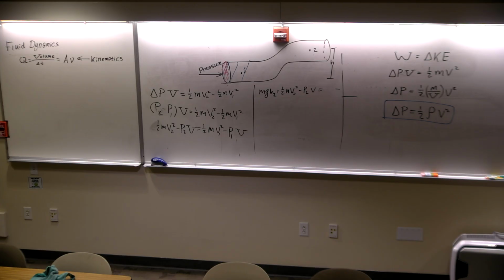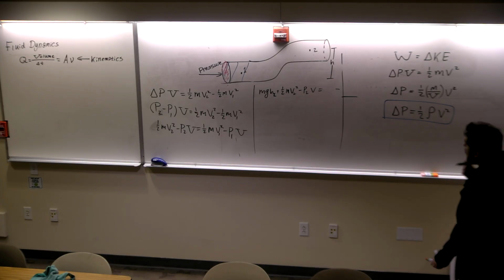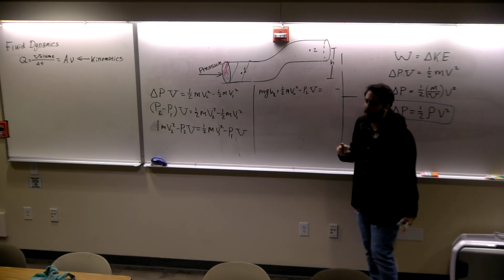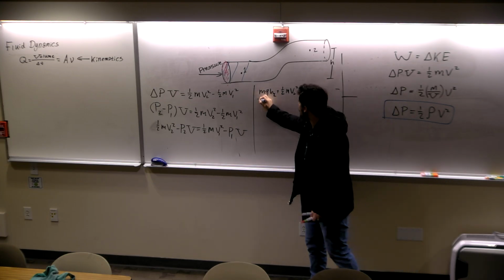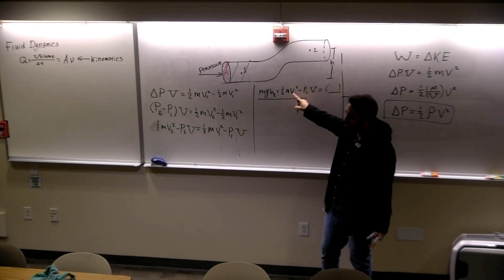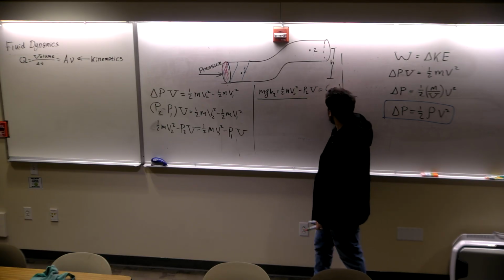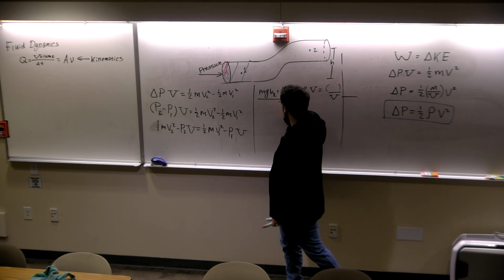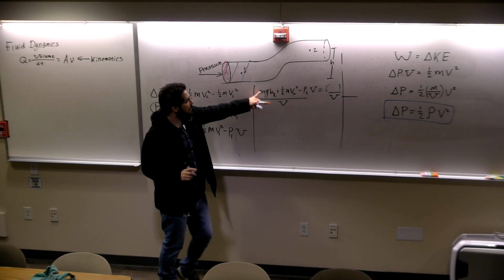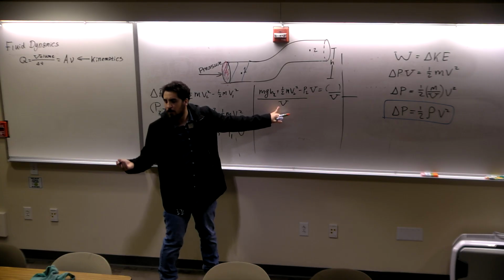Now the next step we can do: both sides have this volume term, so I'm going to divide volume from both sides. On the right hand side we have all of the same pieces, just with ones in the subscript. What that's going to give us is mass over volume, and mass over volume is density.